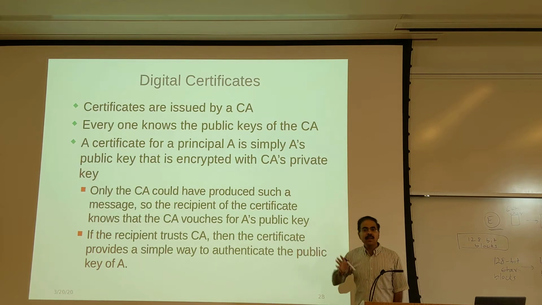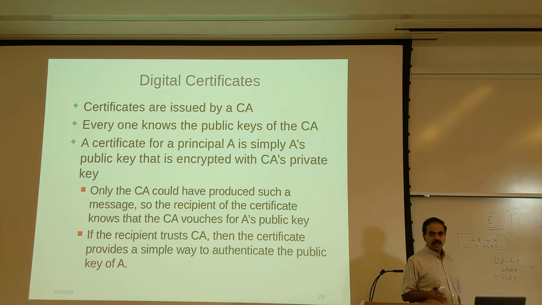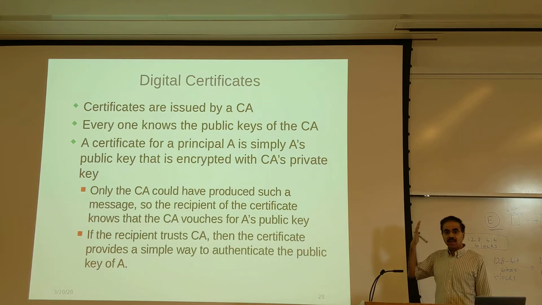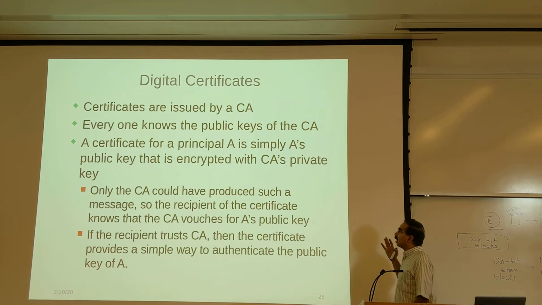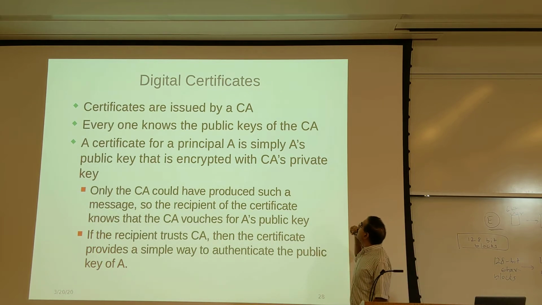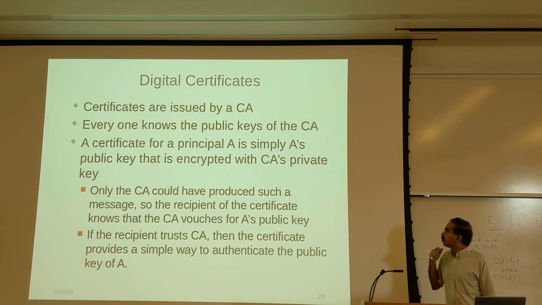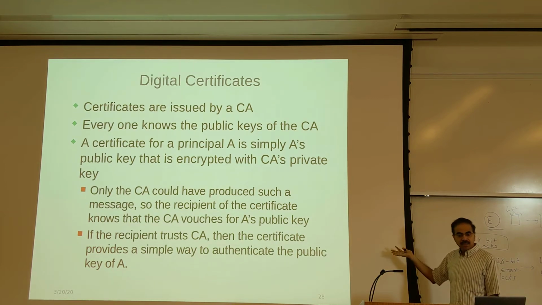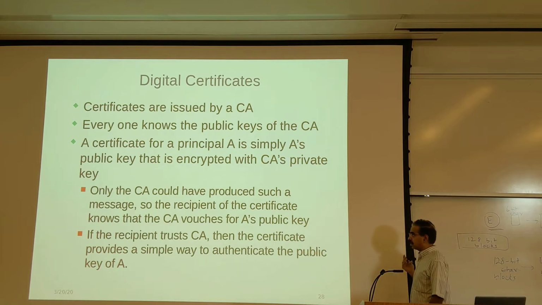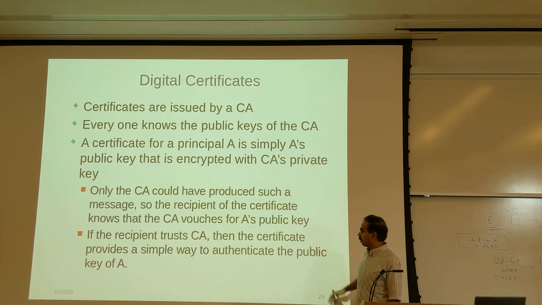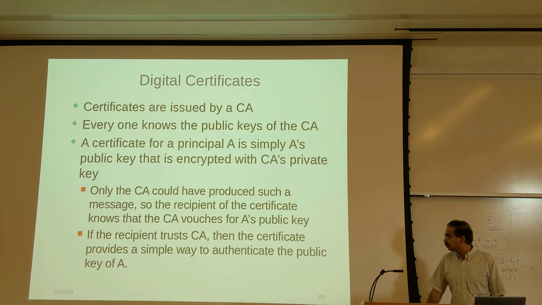So now only the CA can produce this signed document. Therefore, when you get this document, you can verify that it has truly been from the CA, and because you trust the CA, you're going to know, okay, this is actually Alice's public key. So this is how the whole process is bootstrapped.